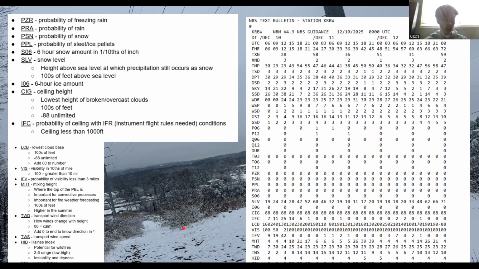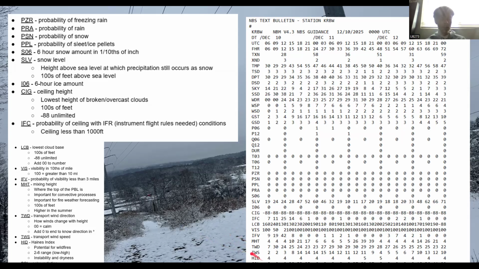TWS is transport wind speed, and that's in knots. And then HID is what's called Haines Index. It's basically the potential for wildfire. It has a range from 2 to 6, low to high.